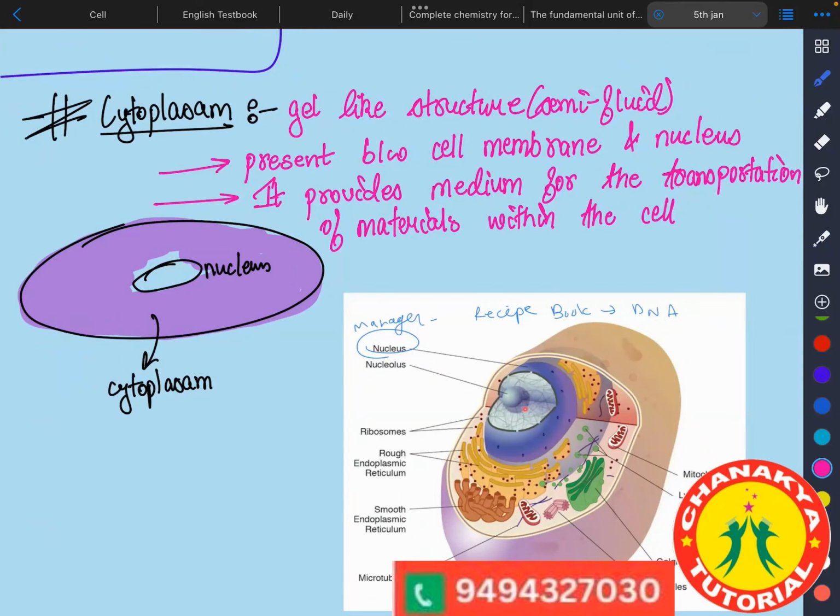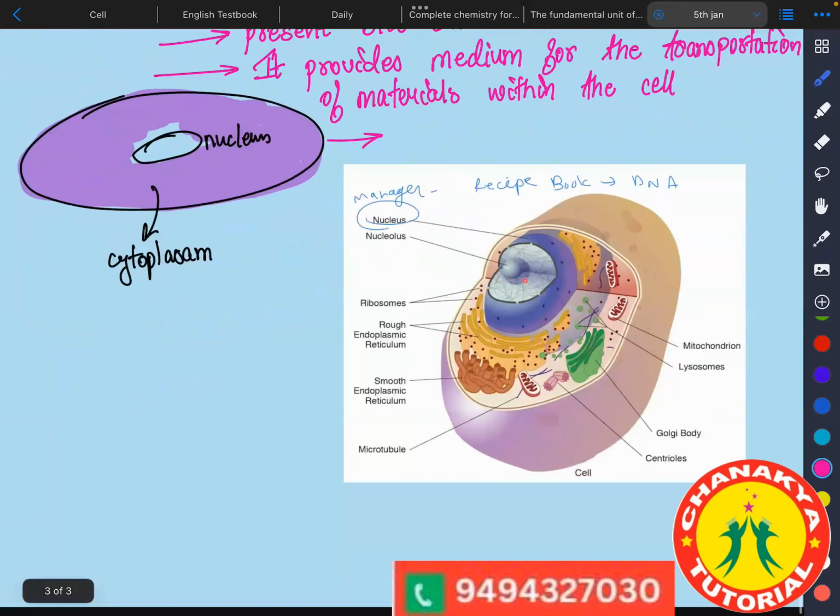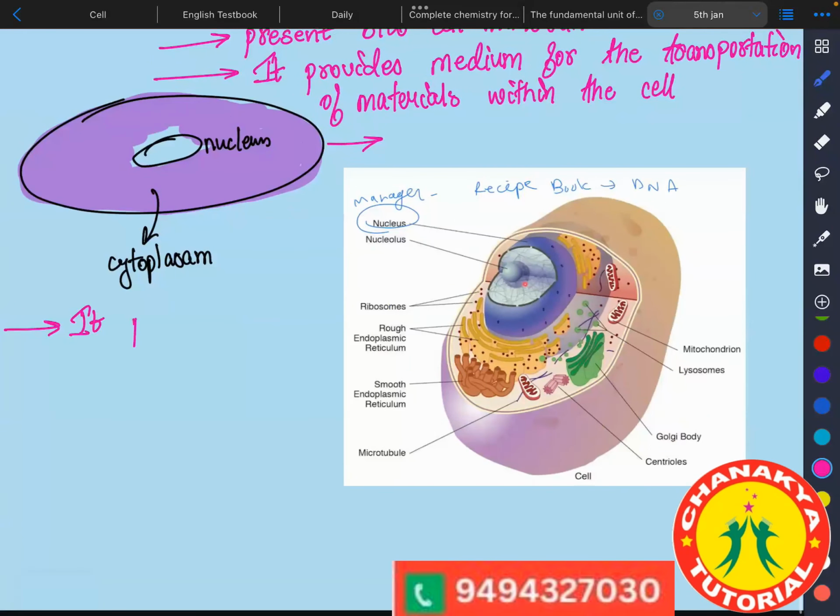And there is one more important function of this cytoplasm: it provides a surface for all reactions of the cell.